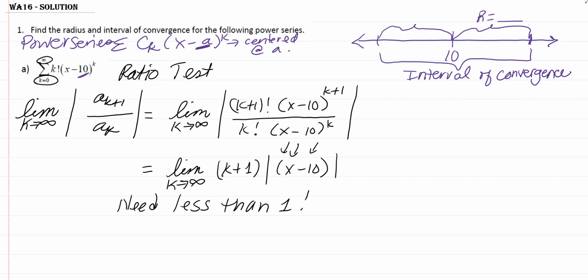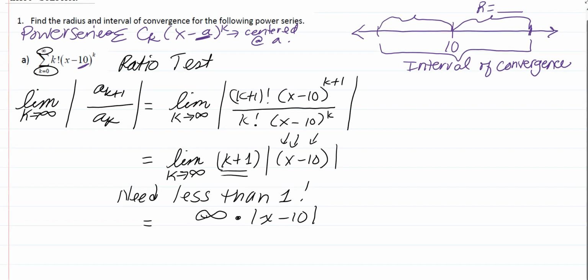When k goes to infinity, you would have k plus 1 being a really big number, multiplied by the absolute value of x minus 10. Whatever x minus 10 is, multiplied by a really large number will be a large number, except maybe at x equals 10, because then you would have 0 multiplied by some number, which gives you 0.